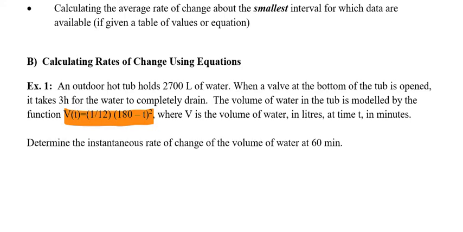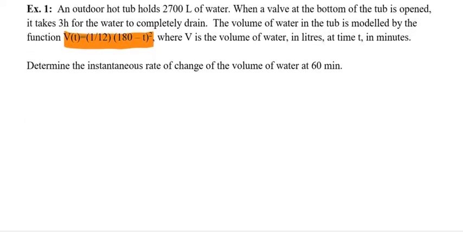The volume of water in the tub is modeled by the function V(t) = 1/12(180 − t)², where V is the volume of water in liters at time t in minutes. It's asking us to determine the instantaneous rate of change of the volume of water at 60 minutes. So at 60 minutes, that split second in time, how much water are we losing every second?